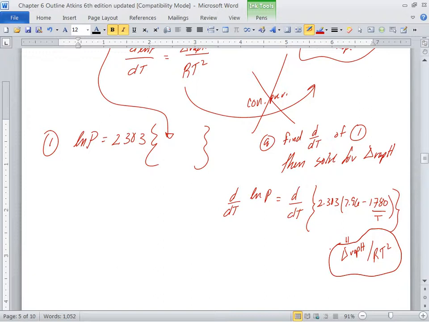Which two are you dividing 1780 by? Just 1780 divided by T. So after you multiply through by 2.303, you just have a number minus a number times T to the negative 1.